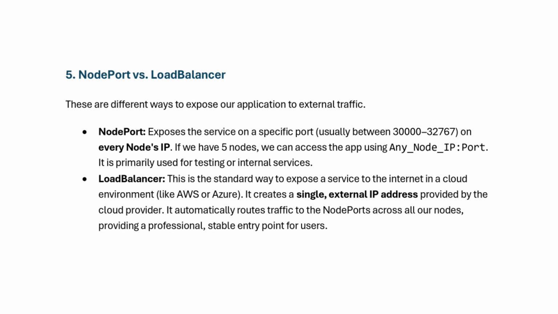It is primarily used for testing or internal services, whereas load balancer is the standard way to expose a service to the internet in a cloud environment, that is AWS or Azure. It creates a single external IP address provided by the cloud provider. It automatically routes traffic to the node ports across all our nodes, providing a professional, stable entry point for users.